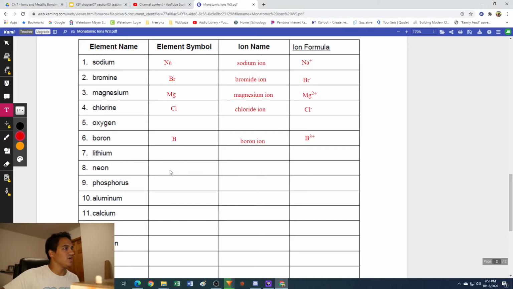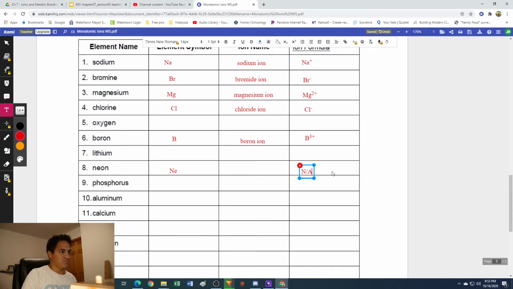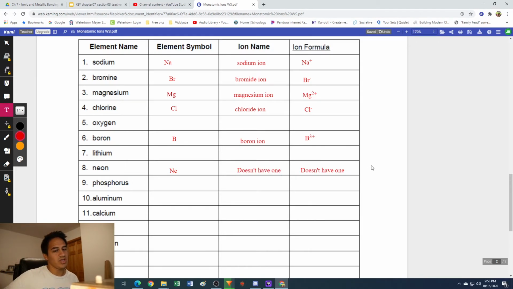So for this one, the element symbol, of course, is Ne. But the ion formula doesn't have one because neon doesn't make ions. So the ion name, same thing, doesn't have one because neon doesn't make ions. It's a noble gas. So a little bit of a trick question.